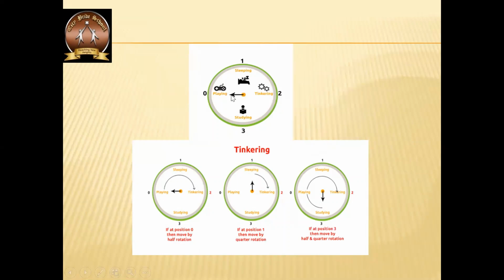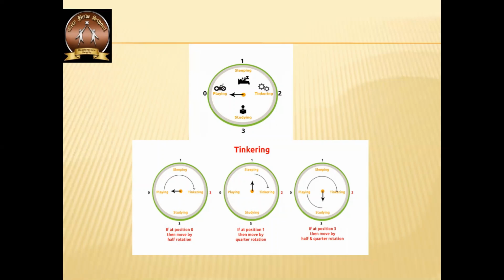Initially our pointer will be at 0, where we set our variable. Now, for example, you are doing tinkering. For tinkering, the pointer has to move 180 degrees. That means the motor has to make a half rotation. We are going to control it through programming.